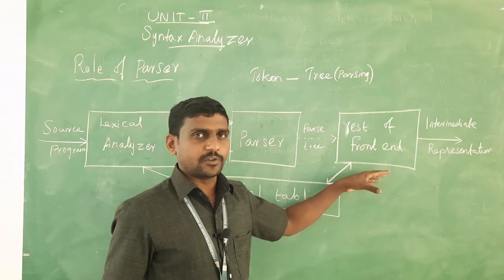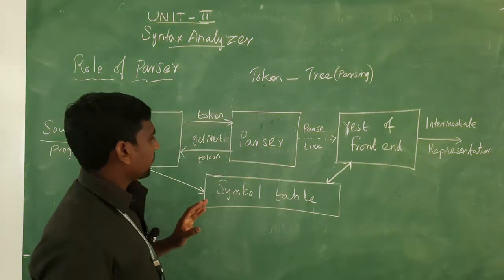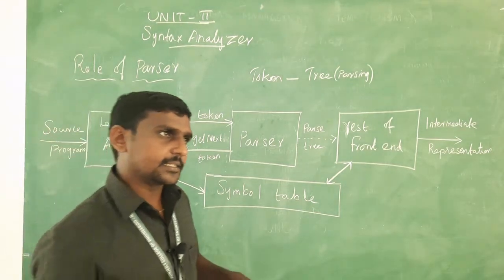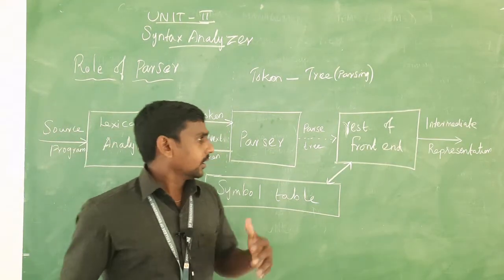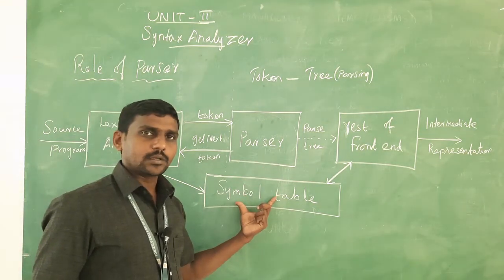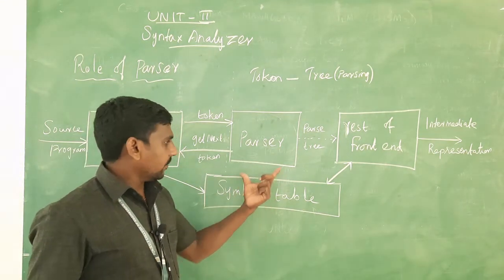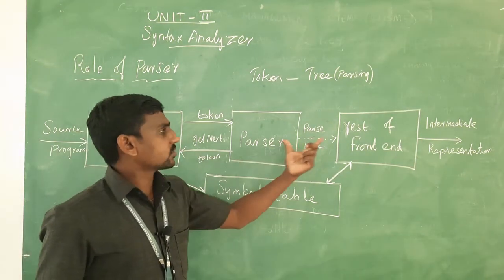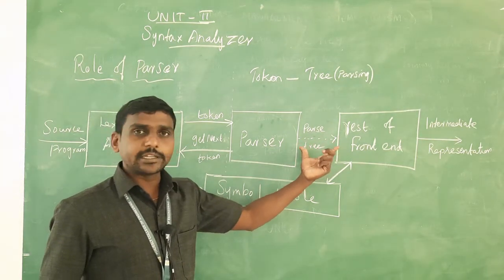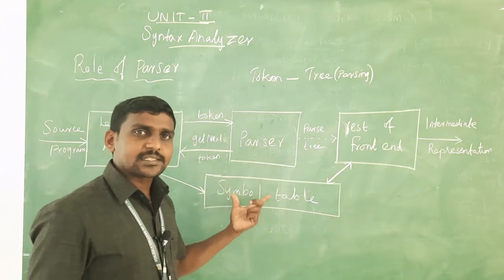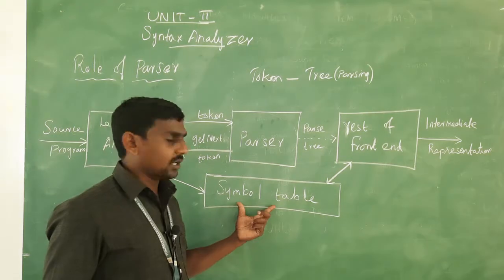While converting, it sometimes takes the variables or values from the symbol table, so it verifies the tokens from the symbol table.